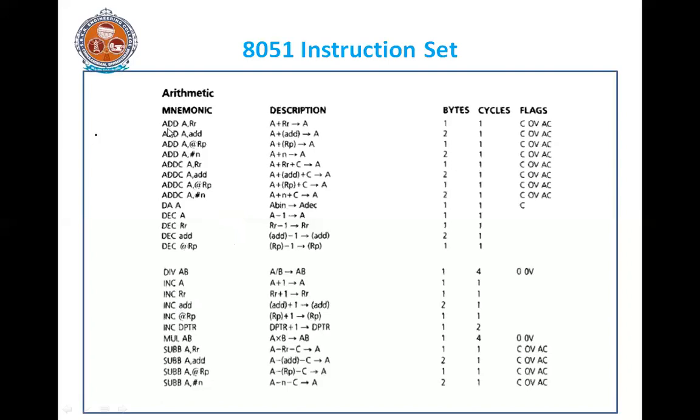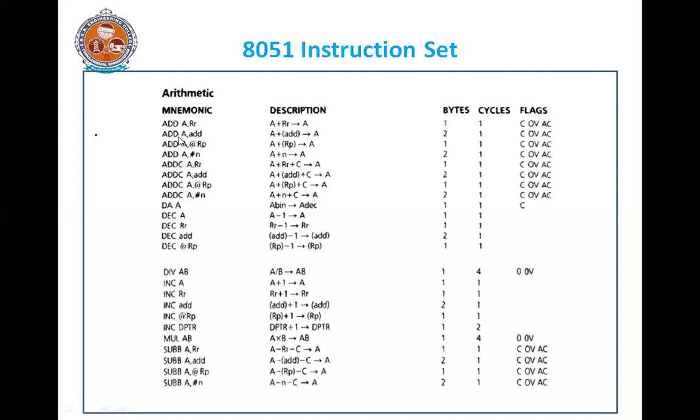Here ADD is used for addition. ADD A, R1 means the content of the accumulator register and the register R1 are both added, and then the result is moved to the accumulator register.